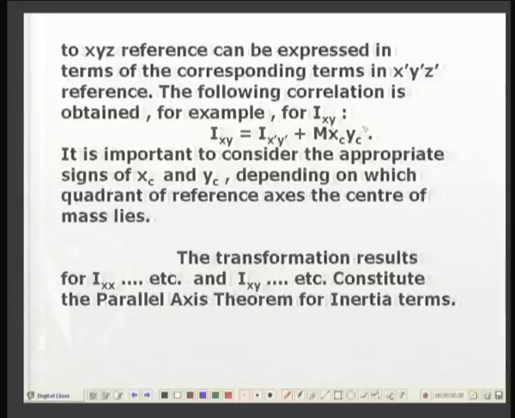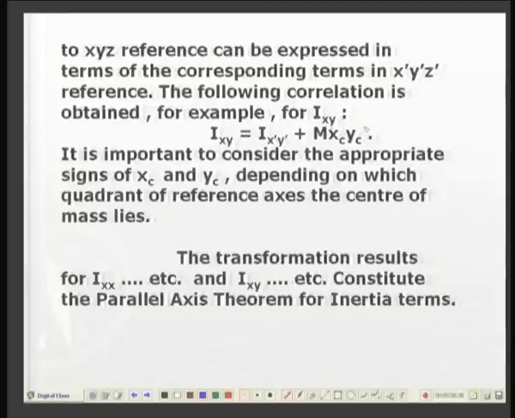Okay. So you have to be careful with the product of inertia terms, that is, you have to check whether the center of mass lies in the first, second, third or fourth quadrant. So the positive or negative sign of the coordinates of the center of mass, that is xc, yc and zc, should be taken care of. In the moment of inertia terms the distance is squared, so whether it is negative or positive does not make any difference, because when squared it is positive.